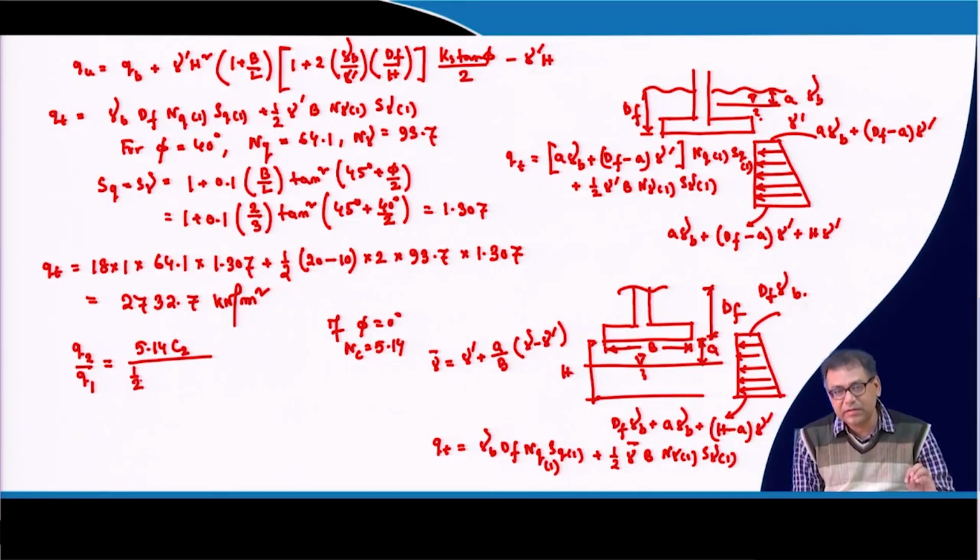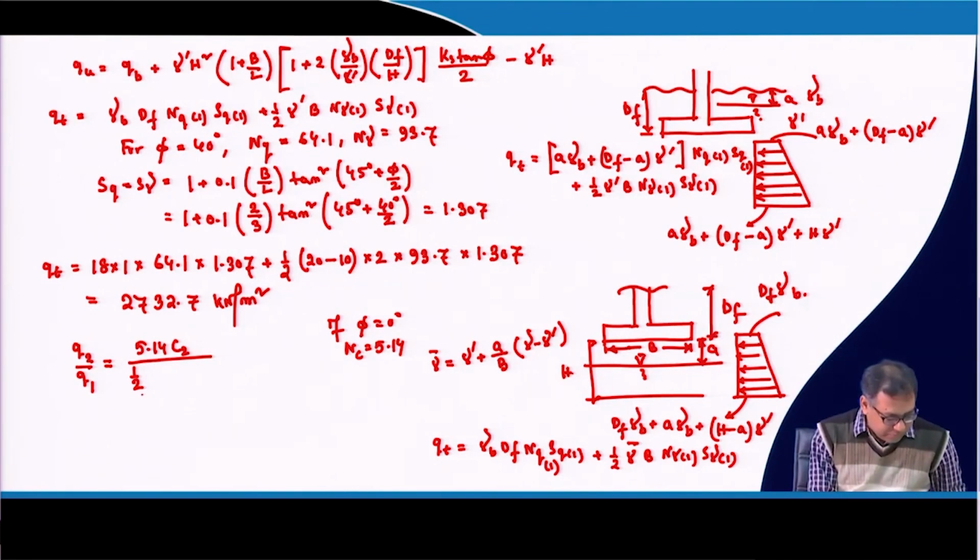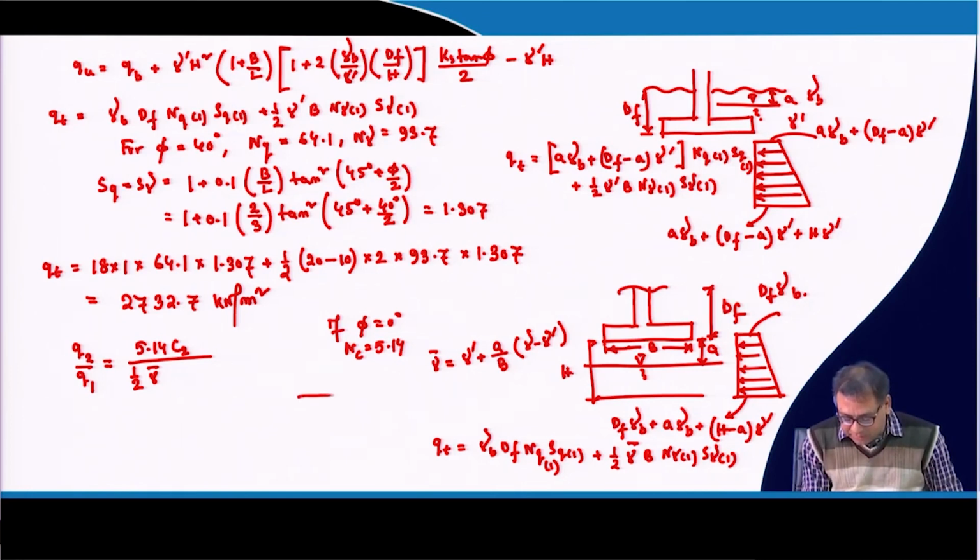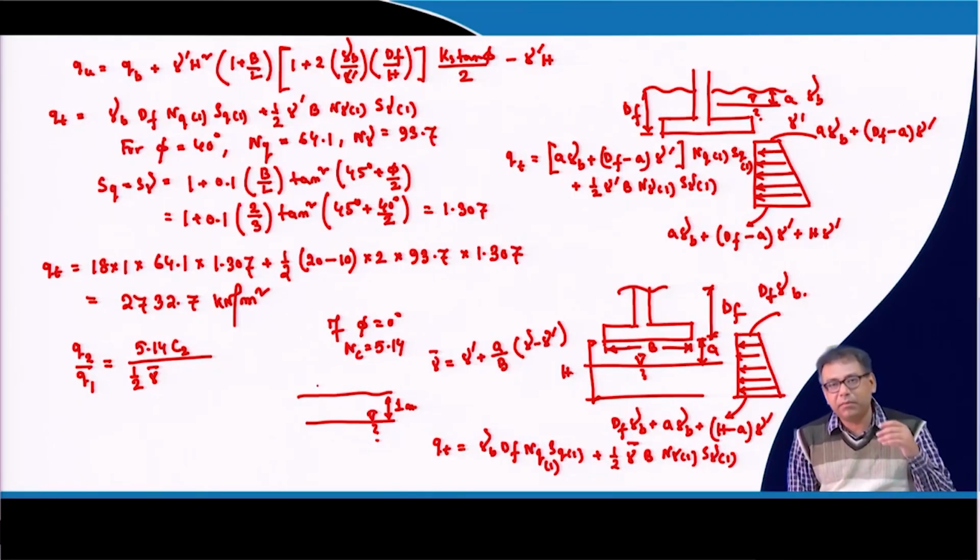Divided by Q1: the strip footing for the top layer is a sand. So the first term is 0, and the second term is 0 because it is resting on the surface. So it will be gamma B. Actually I should write it as gamma bar. Why am I writing gamma bar? Because in this case the water table is here at a depth of 1 meter. For the bottom layer it does not matter, because it is a clay soil, so gamma is not important in this calculation.